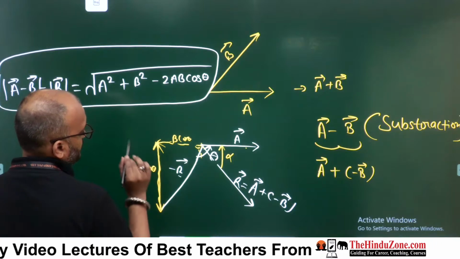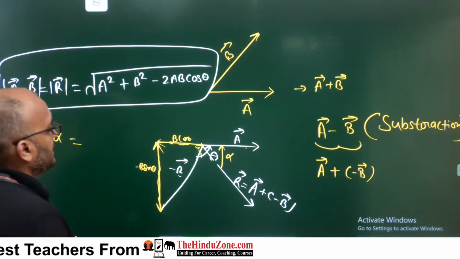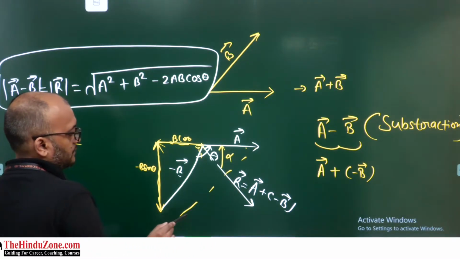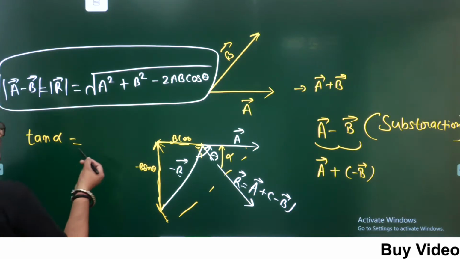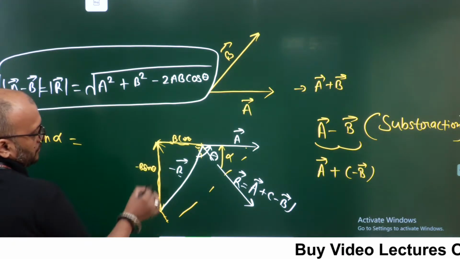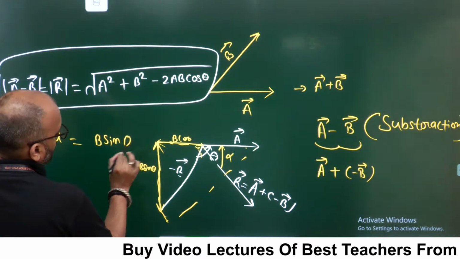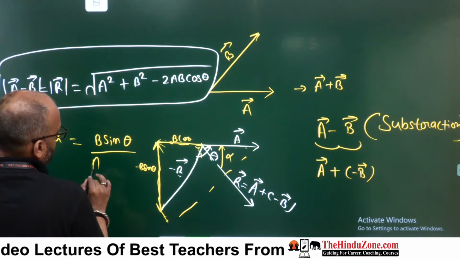Vertical component, and this is the horizontal component. Again a triangle is formed, if you can see. This is the triangle. Fine. So again you can find tan alpha. Tan alpha will be perpendicular, so b sin theta upon base. Now what will be base? A minus b cos theta.